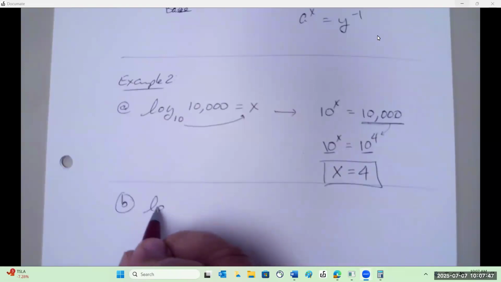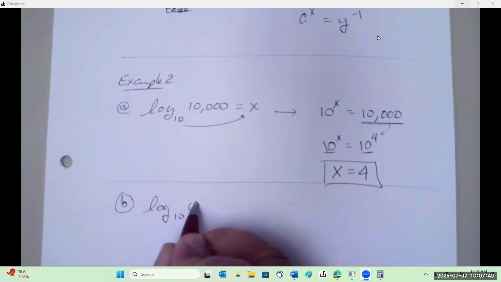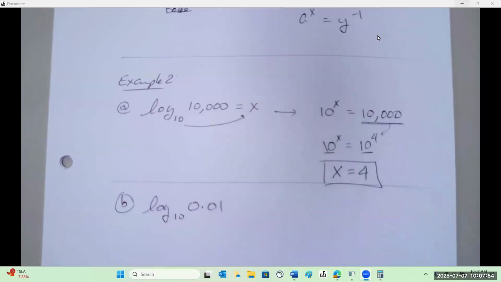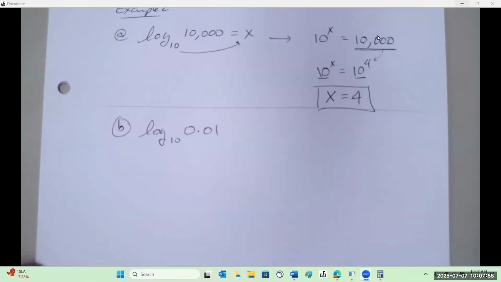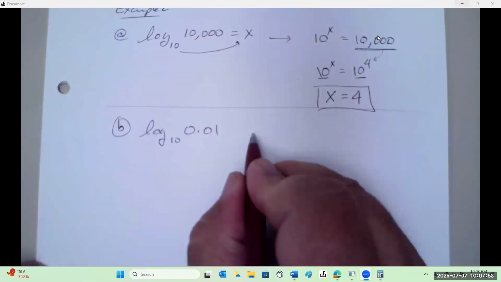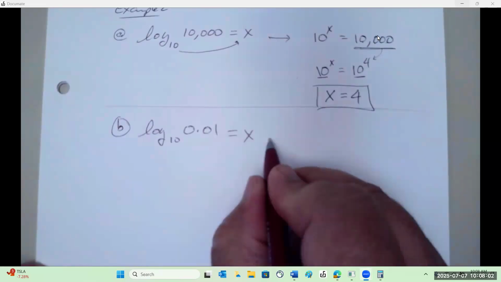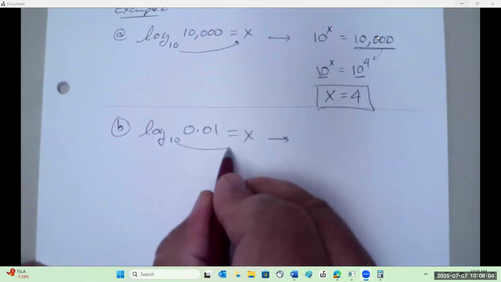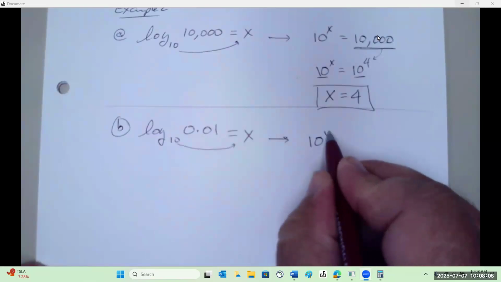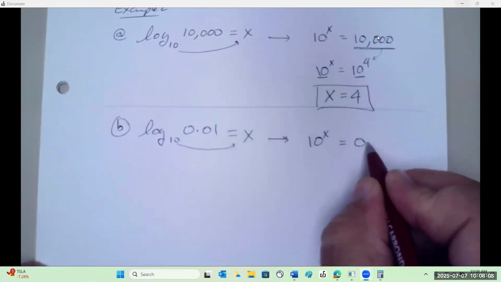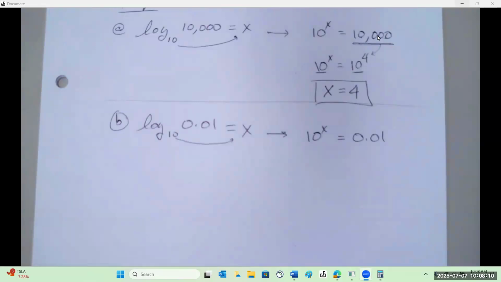Let's look at another one. Log base 10 of 0.01 equals some number x. We don't know what it is, so we convert it. The 10 comes over here. So we have 10 to the power x is equal to 0.01.